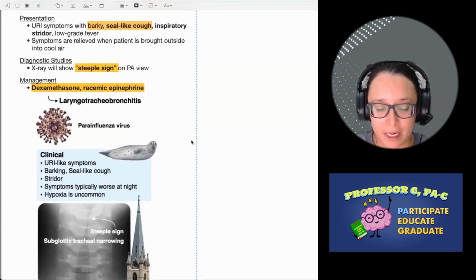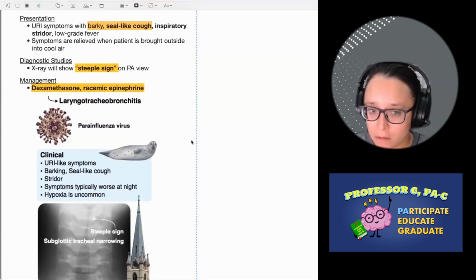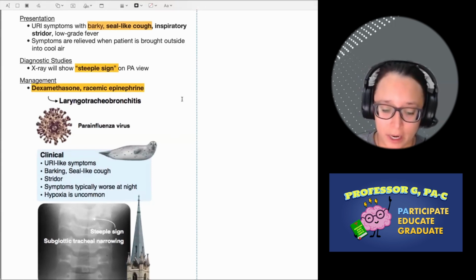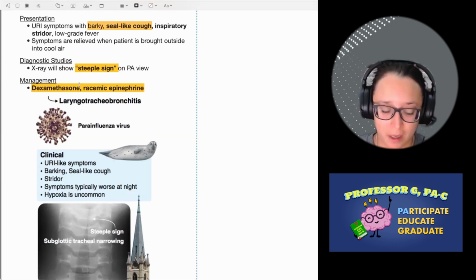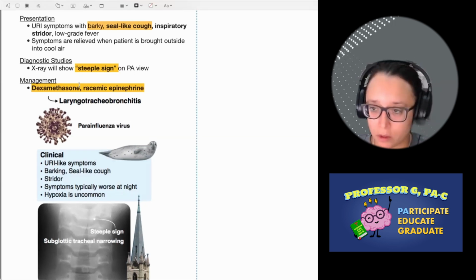Now, if they come in and they're moderate to severe croup, like they're having some stridor, their oxygen saturations are a little lower, then we need to administer 2 things. First off, dexamethasone. Dexamethasone can be given if they are outpatient or inpatient. It's 1 dose. So you give them a dose and they're good to go.